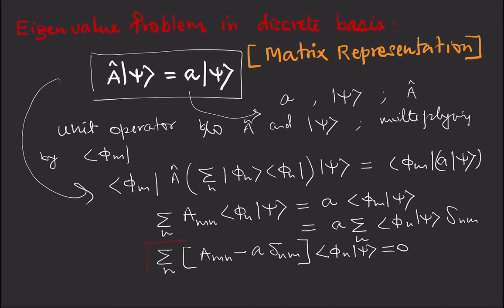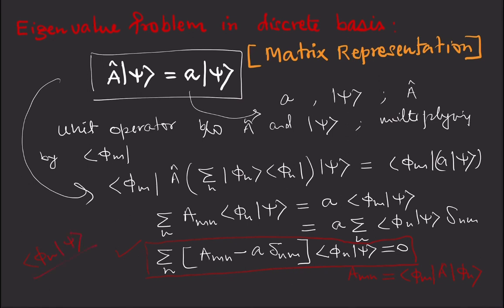So we have this equation to solve for getting the values of eigenvalue and state vector, where a mn is equal to bra phi m operator A ket phi n, and this equation represents an infinite homogeneous system of equations for the coefficients bra phi n ket psi.